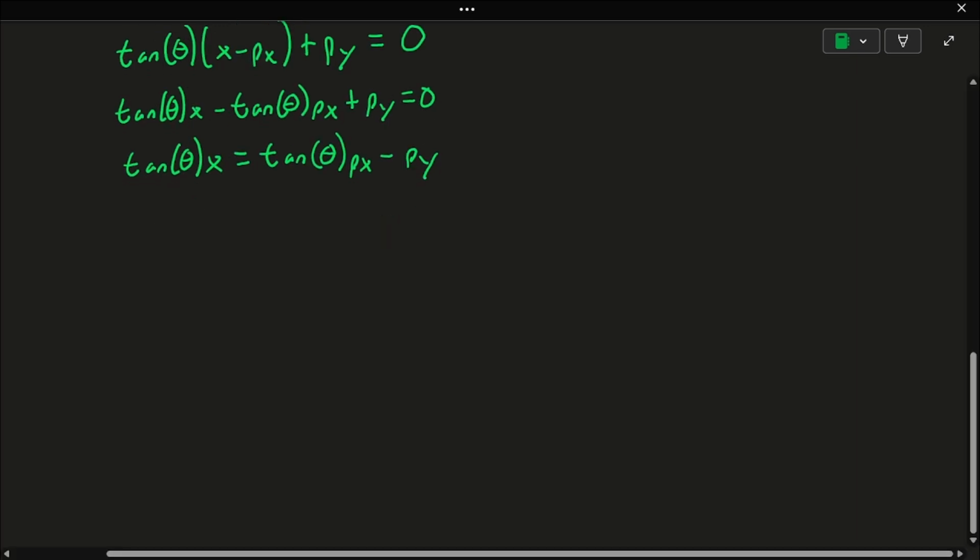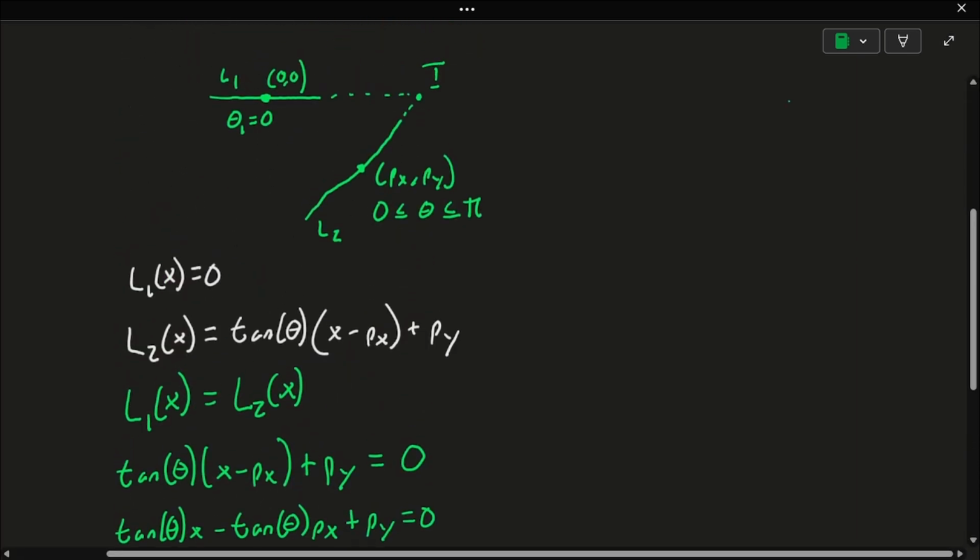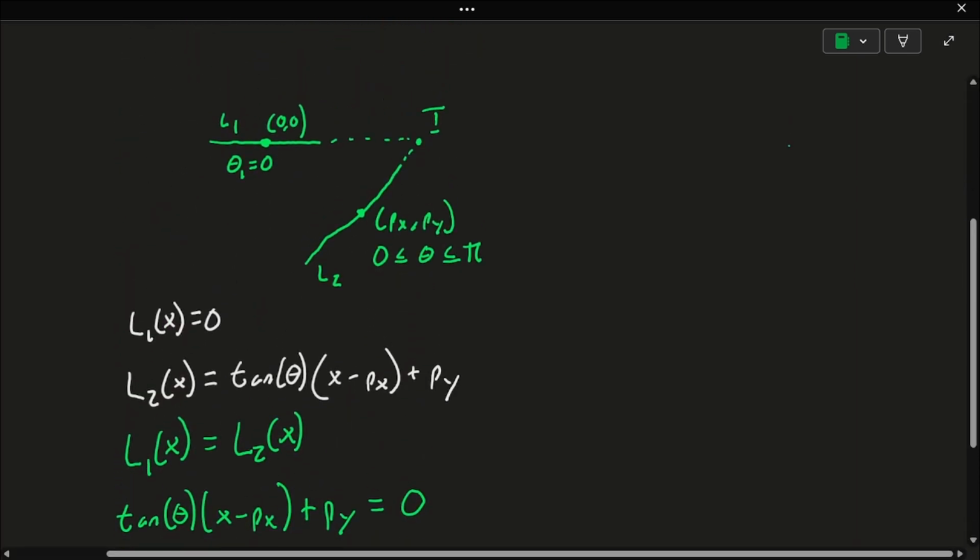Then dividing both sides by tan theta, we get the x position of our intersection point is equal to tan theta px minus py divided by tan theta. And there you go. That is the x position of I that I've labeled there.